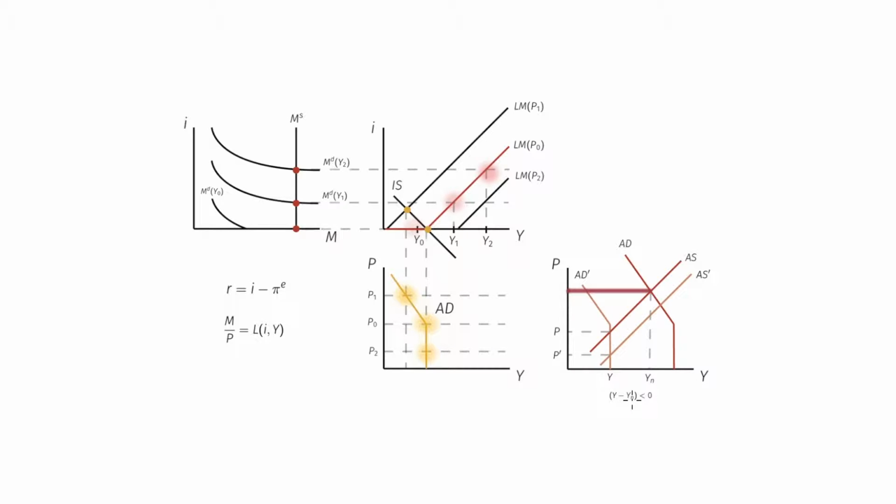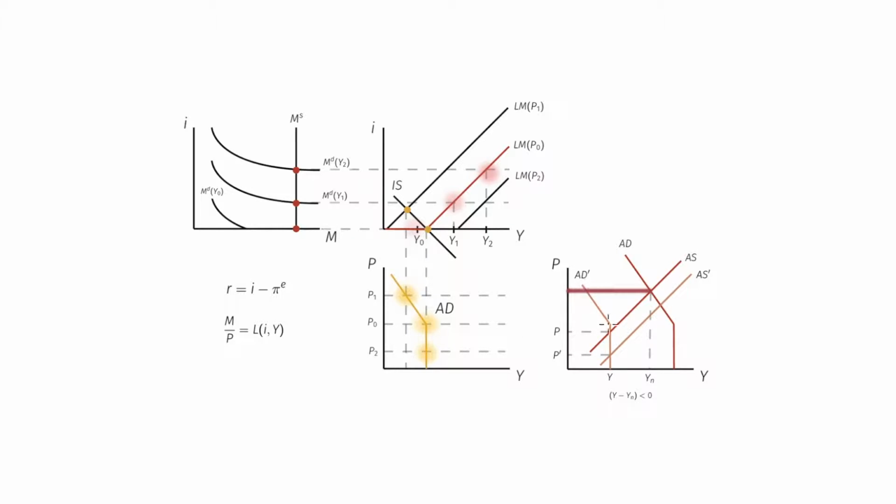At this point, wages and resource prices will decrease. And this decrease will shift the employment level back to the full employment level. This is known as the self-correcting mechanism.